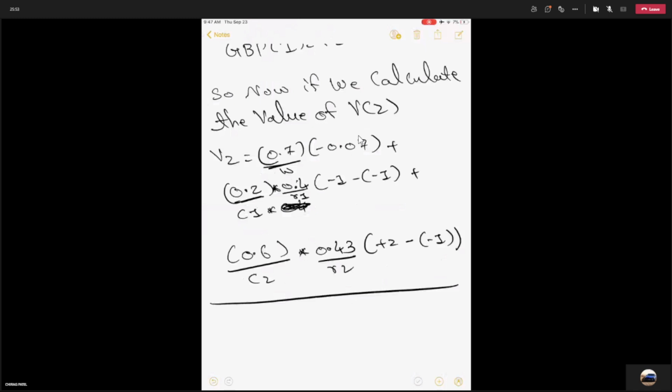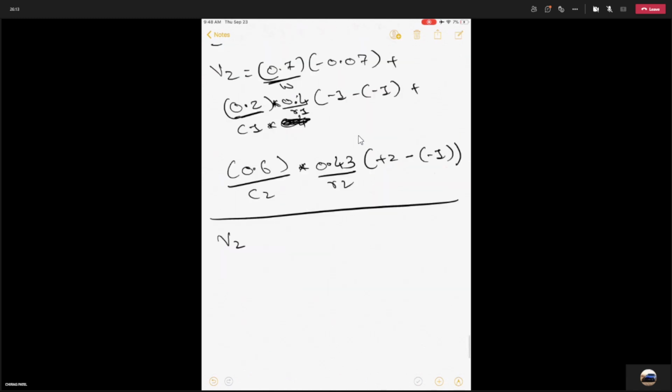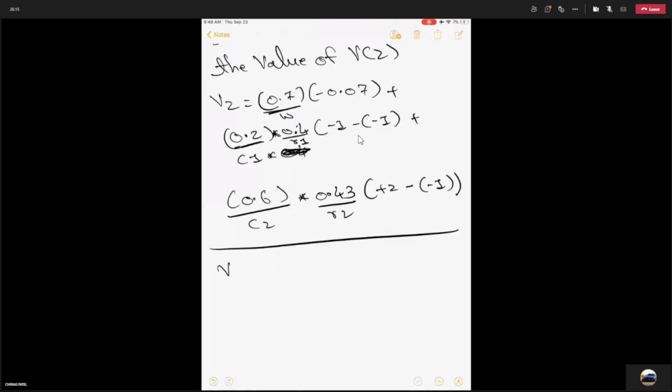Please evaluate this term. What is the answer of B2? Just a second. In this, we need to do this procedure almost 5 times. In that, your R1, R2 is going to change.